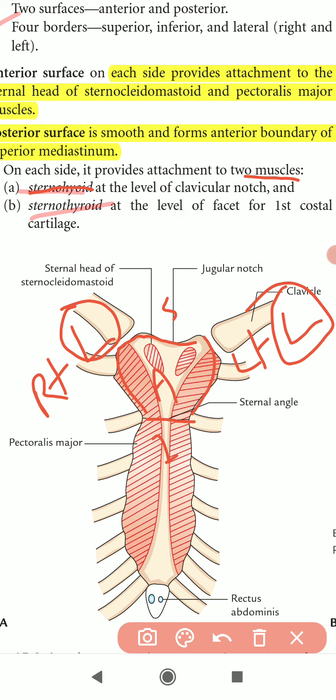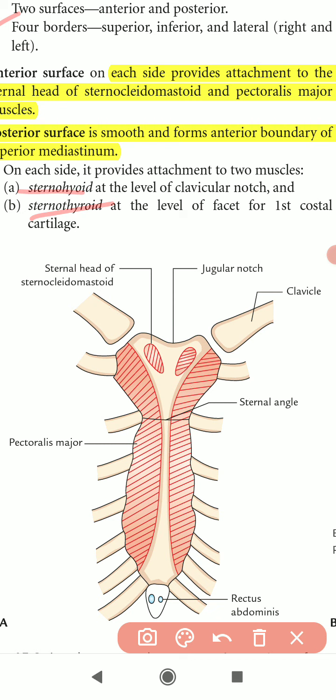So at first let's talk about the anterior surface. In the picture you can see the anterior view showing the anterior surface of the manubrium sterni. The anterior surface gives attachment to two muscles.